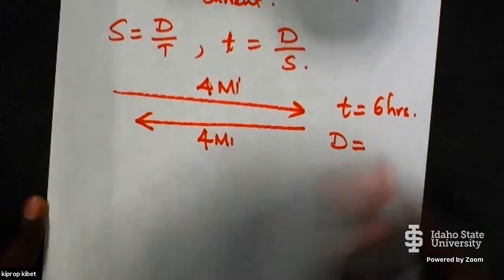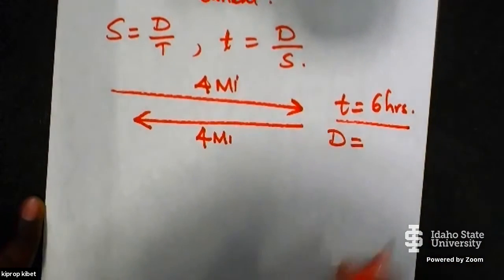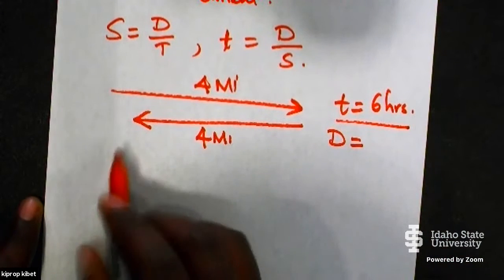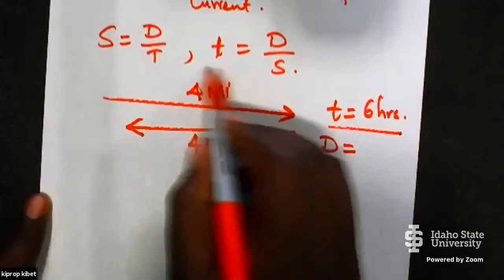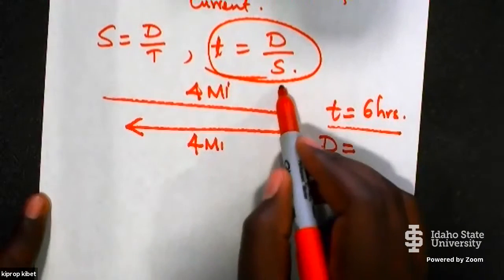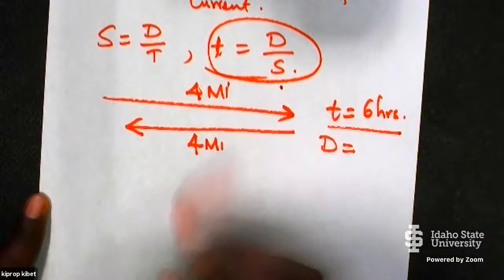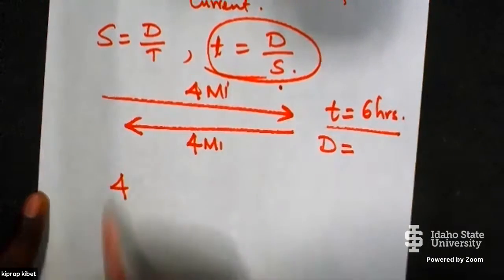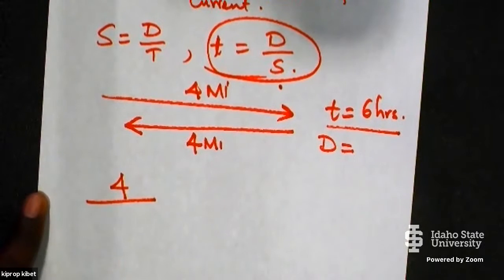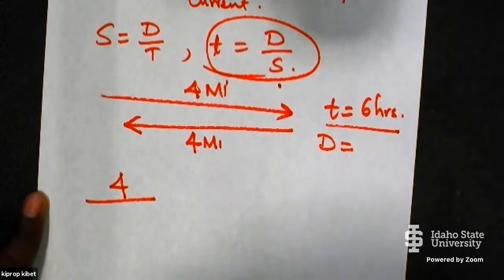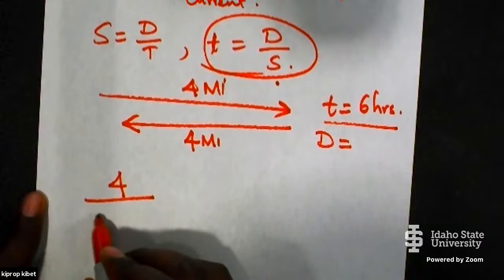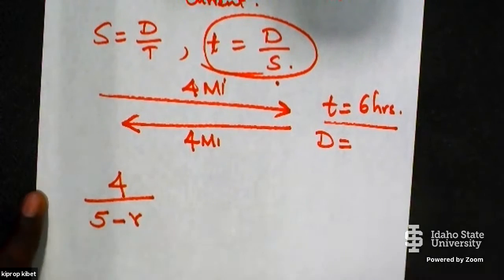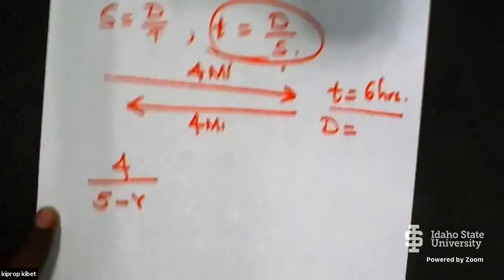So our time for the two trips is 6 hours, so we can say the total time. We can use this formula: the time is distance all over speed. We know the distance is 4 miles, and if he's going against the current, because he's going 5 miles per hour, it will be 5 minus r, the current.